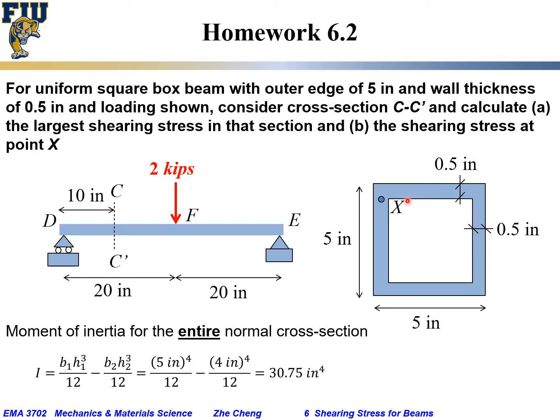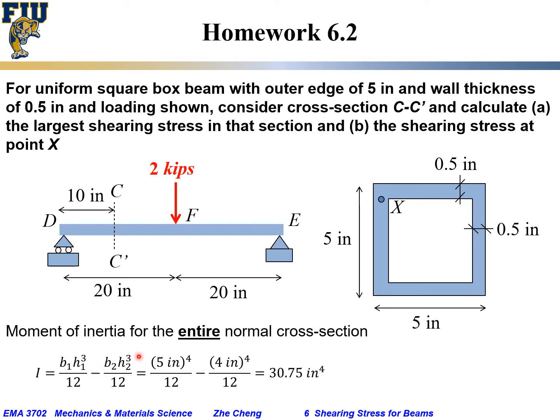To do this, the first step we can do is calculate the moment of inertia for the entire normal cross section. It's a prismatic beam, a box beam with a square cross section. So the moment of inertia for this structure would be the outer minus inner. B1, H1 are for the outer dimension, B2, H2 are for the inner dimension.